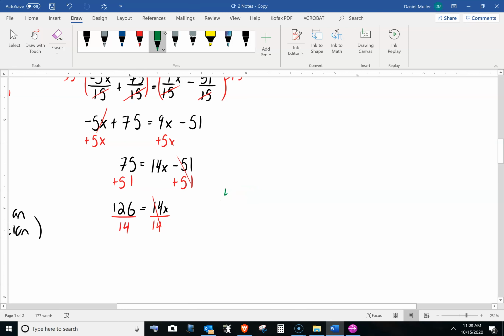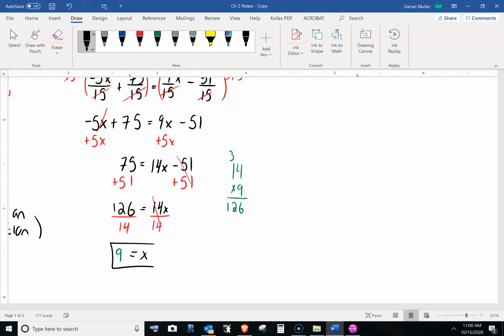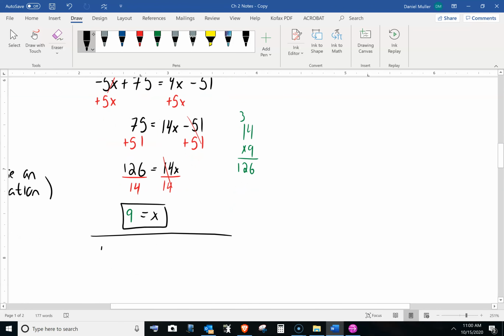Okay, so, I don't know, 14, 9 maybe? 9 times 4 is 36, carry the 3, 9, 10, 11, 12. Okay, so it is 9. There we go. So this is 9, which equals x. So x is equal to 9. Nice. Now we need to find y.